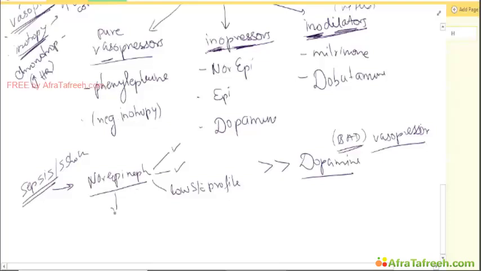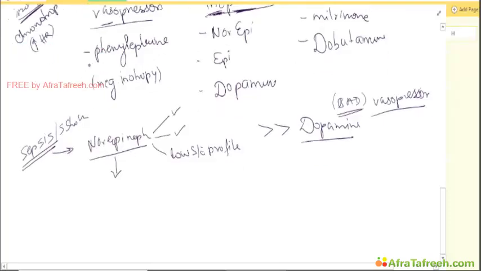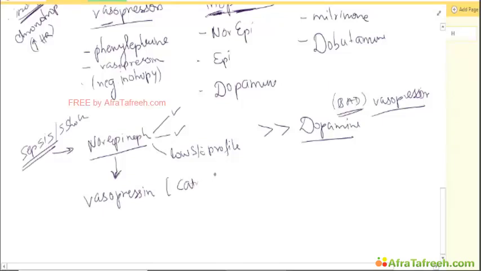Okay. If this does not take care, another important one is vasopressin. Obviously, this is a vasopressor. If this does not take care, then we use vasopressin. This has a catecholamine sparing effect.